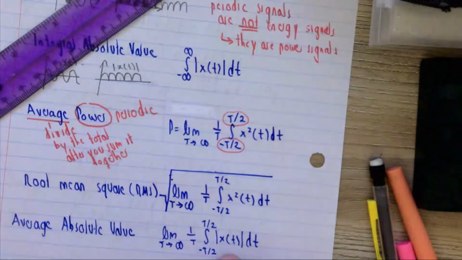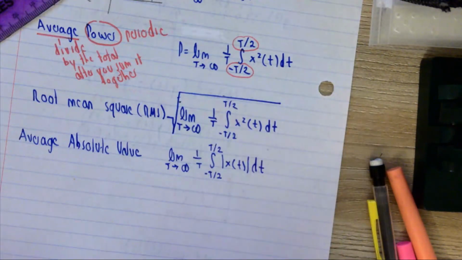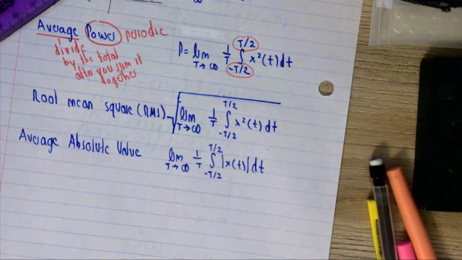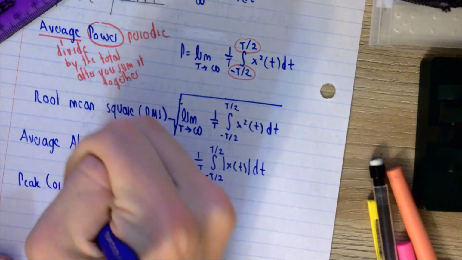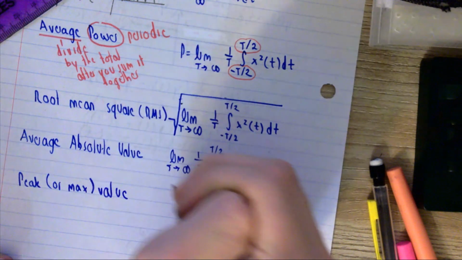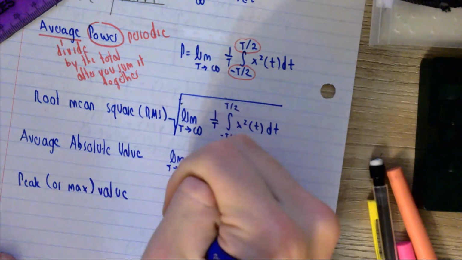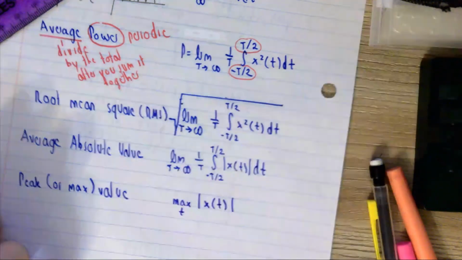That's where absolute value comes in, and this takes the average of it. And then the maximum value, this is the peak or max value. This is going to be the max of the signal, max of x of t. That's where you'll see the peak value occur.